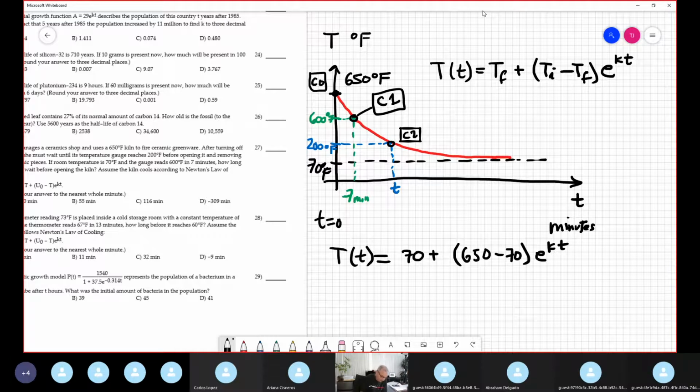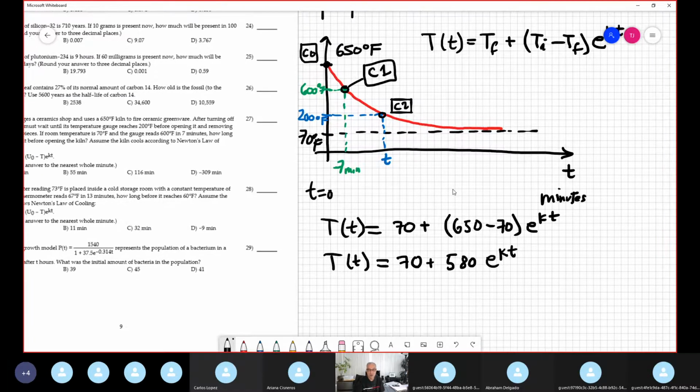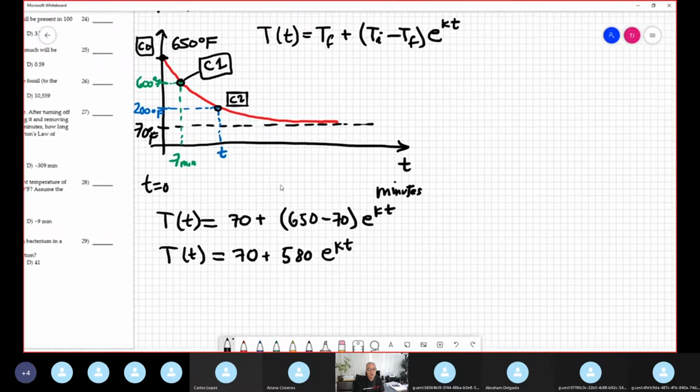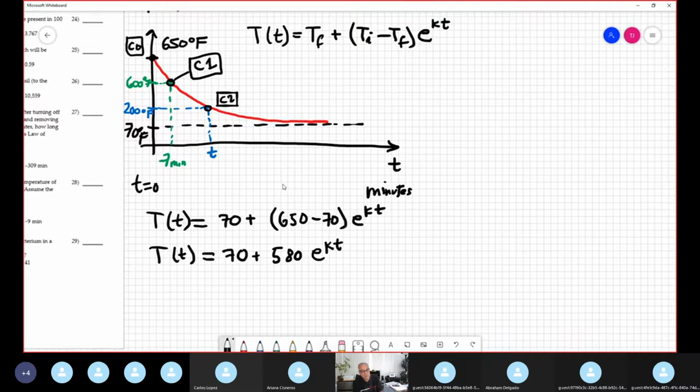I'm subtracting 650 minus 70, 580. This is my specific equation applied in this problem. 580 equal to 8. And you apply that formula in condition 0, condition 1, and condition 2, depending on the thing you know or you don't know, no?